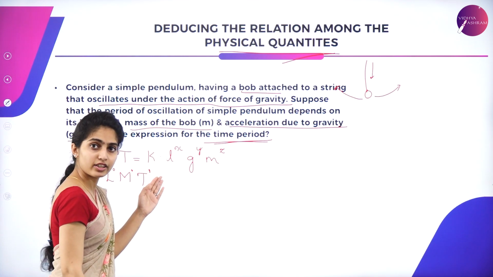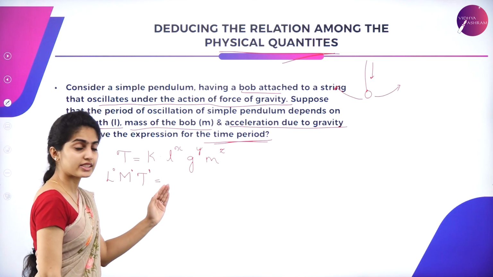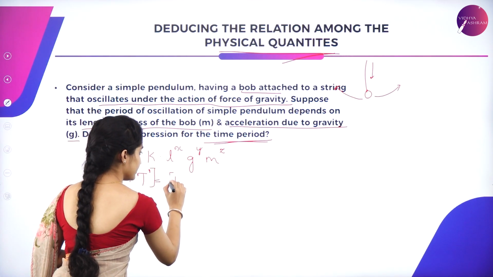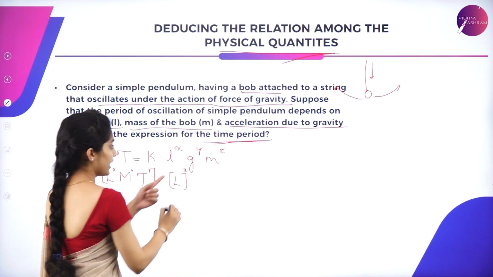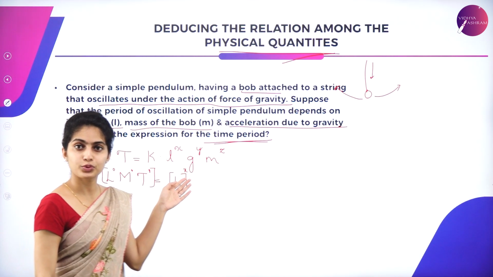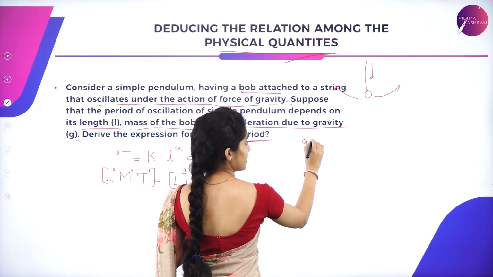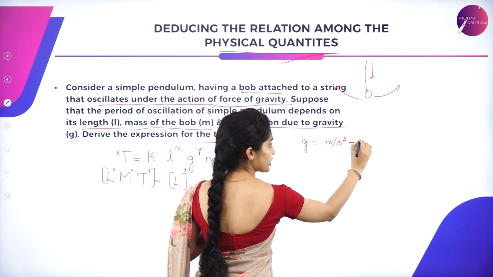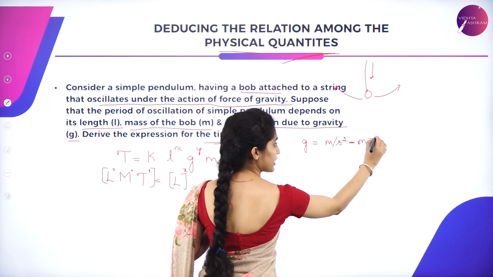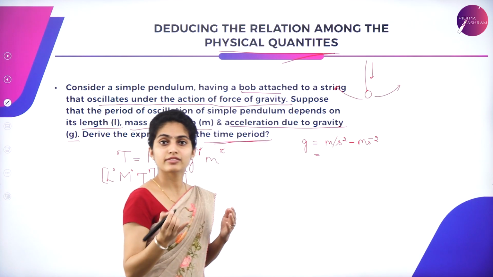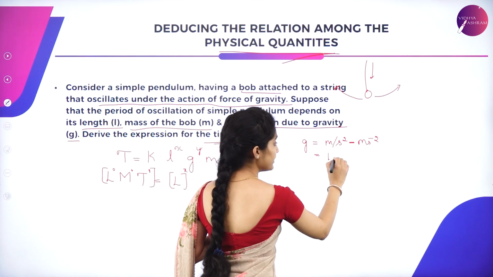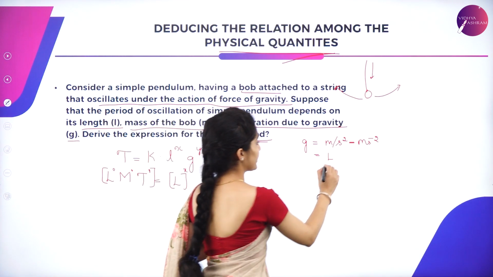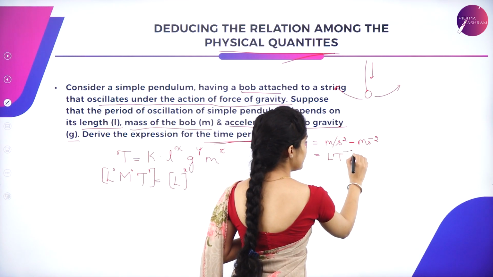It is the proportionality constant. So leave the constant as it is, and we have got length as L to the power of X, and g is acceleration due to gravity, which is given by meter per second square, which can also be given as meter second minus 2, where meter is given in terms of L, that is length, and second is given in terms of time, that is T. So I can give it as T minus 2.